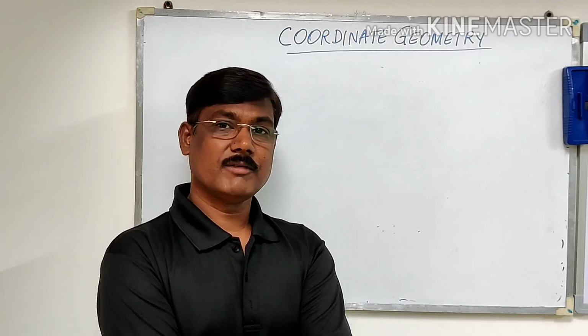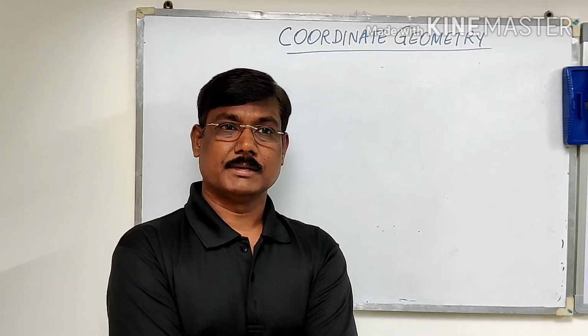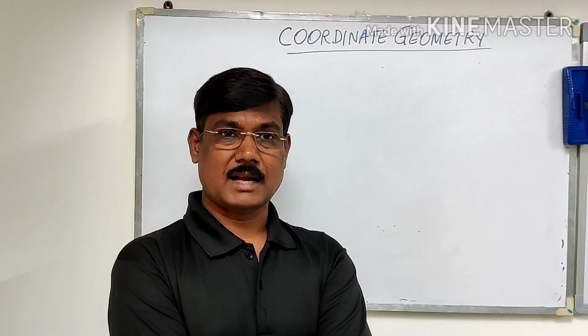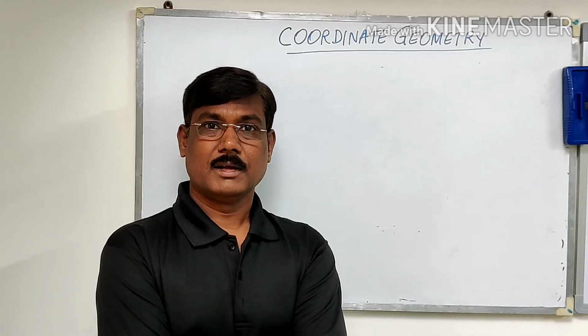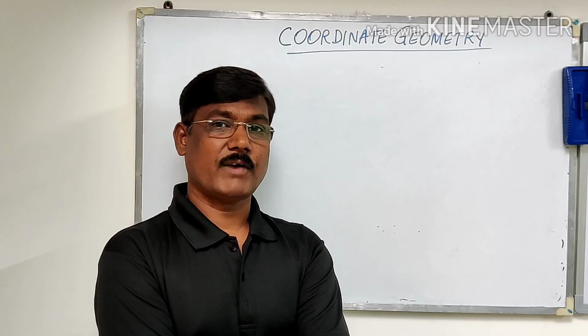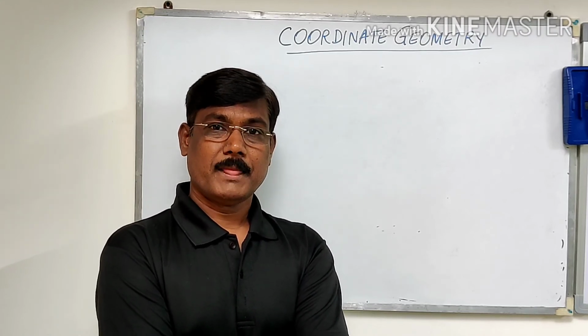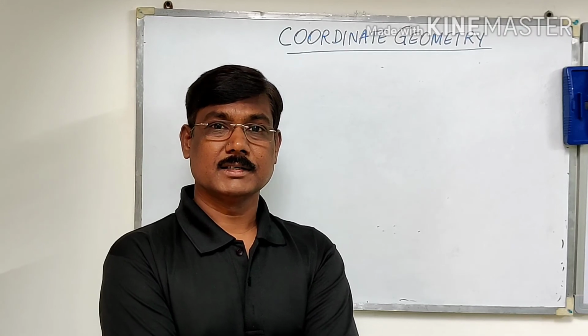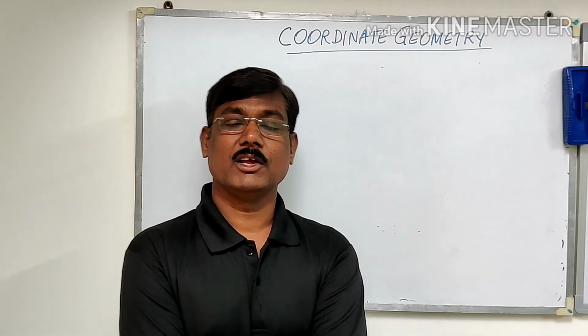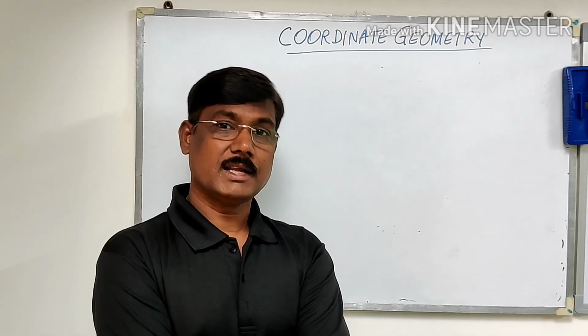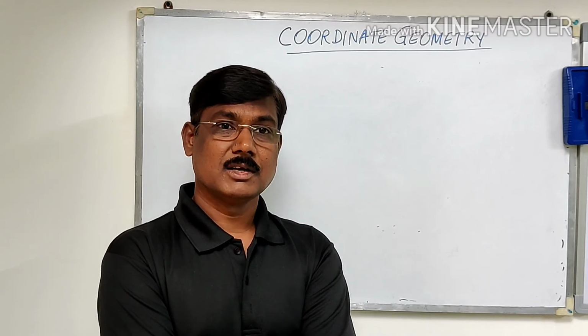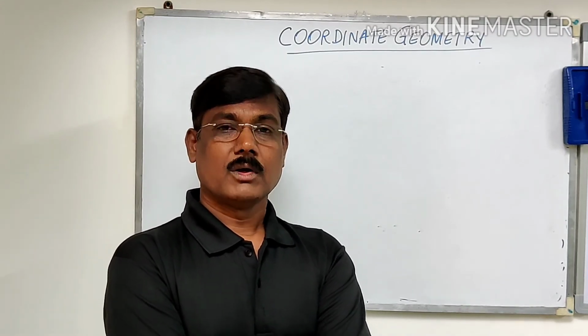Okay, the rest of the things we will see in the next class from the syllabus of 10th standard, both CBSE and Samacheer, and we will start with finding the area of a triangle and the concepts involved in it. Then we will move on to finding the area of a quadrilateral. Then we will study the properties of quadrilaterals using the coordinates.